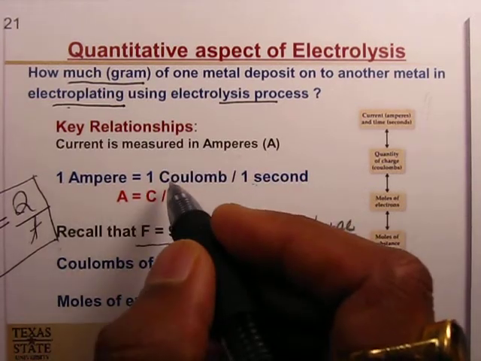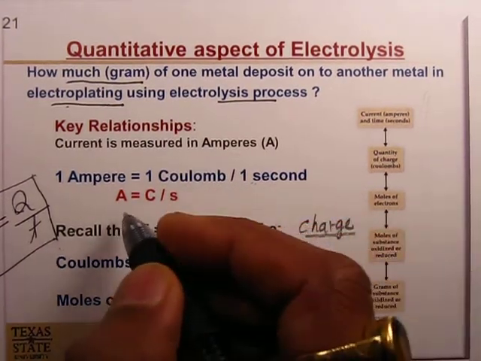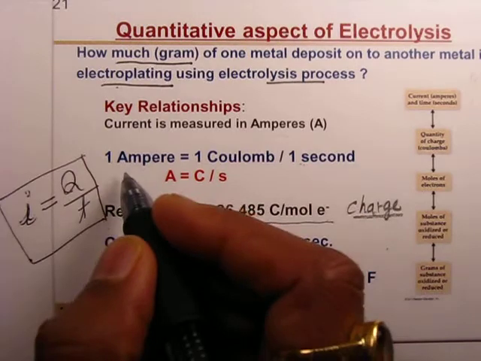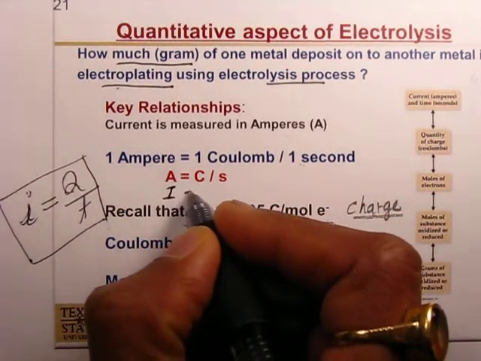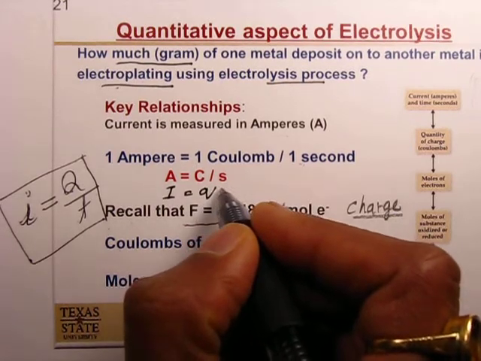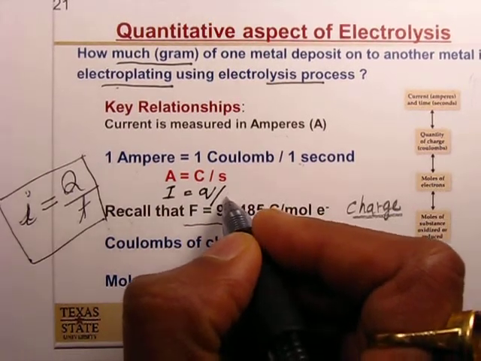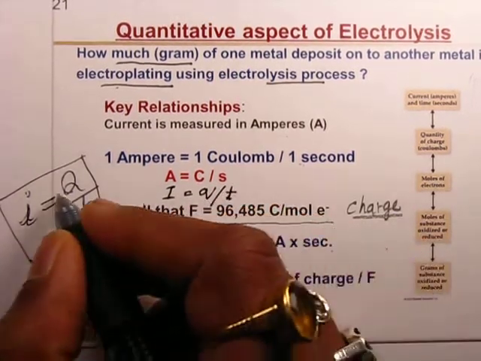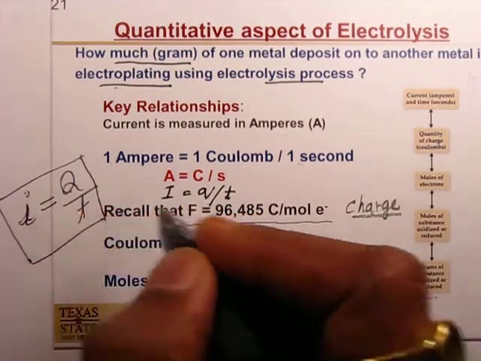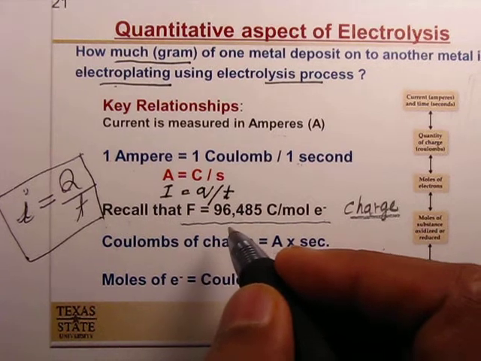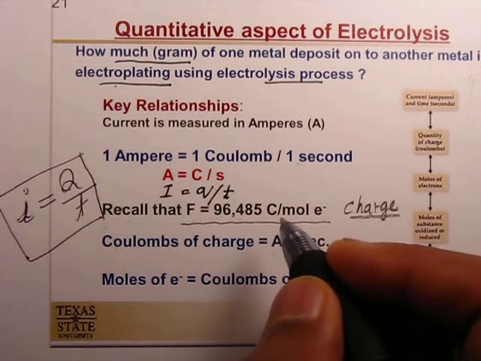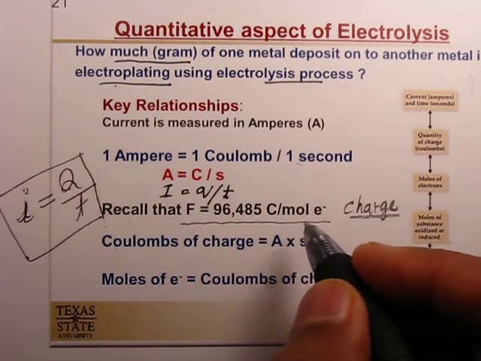What we have to follow is that 1 ampere, which is current, is equal to coulomb per second. We can also write this formula as I is equal to Q over T, where Q means charge, T means time, and I is current. And the Faraday constant is 96,485 coulomb per mole of electrons.